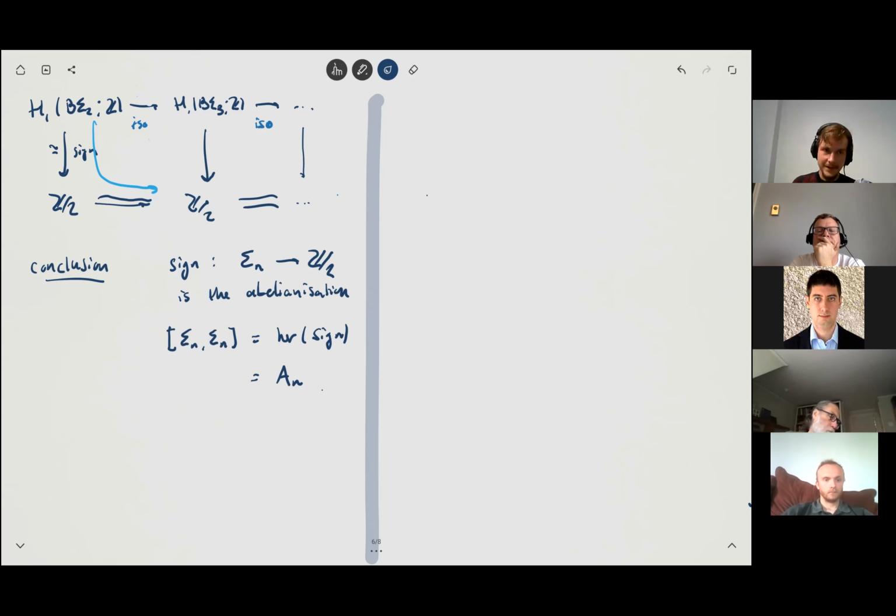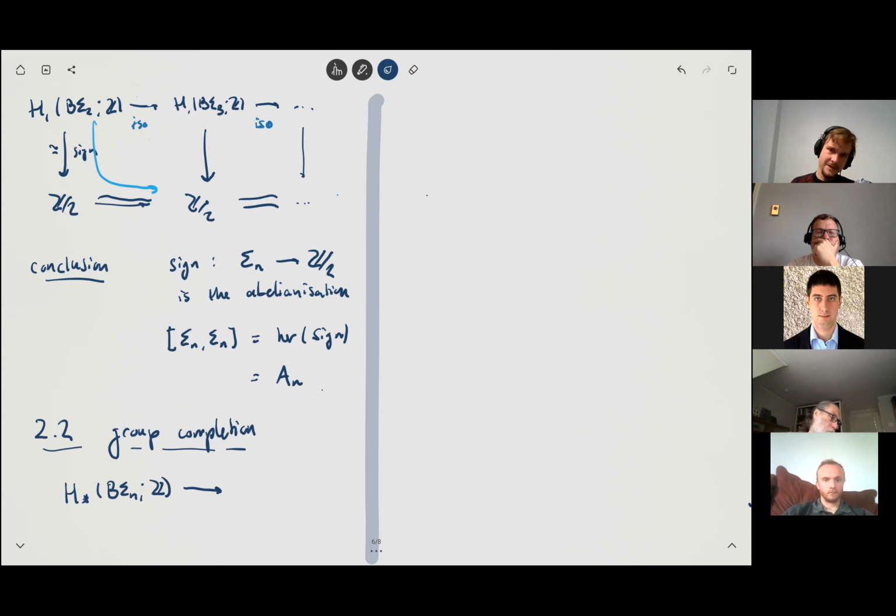The second application I'll give will be to stable homotopy theory. But to do that, we have to first talk about group completion. Okay, so let me rephrase homological stability in a slightly different manner.